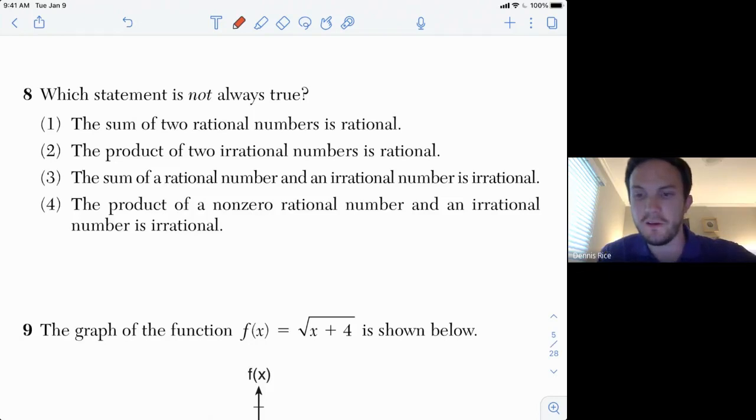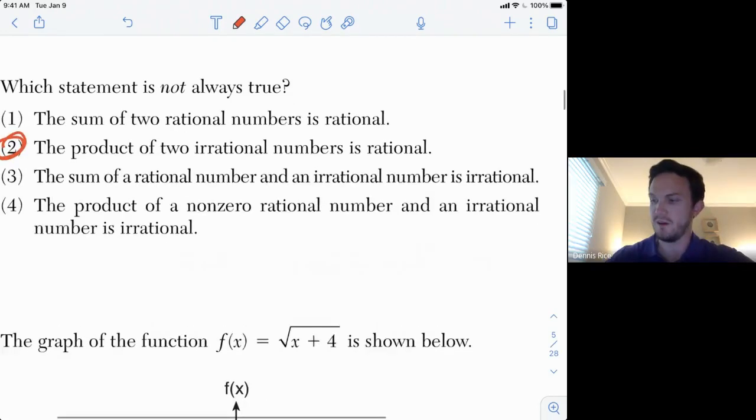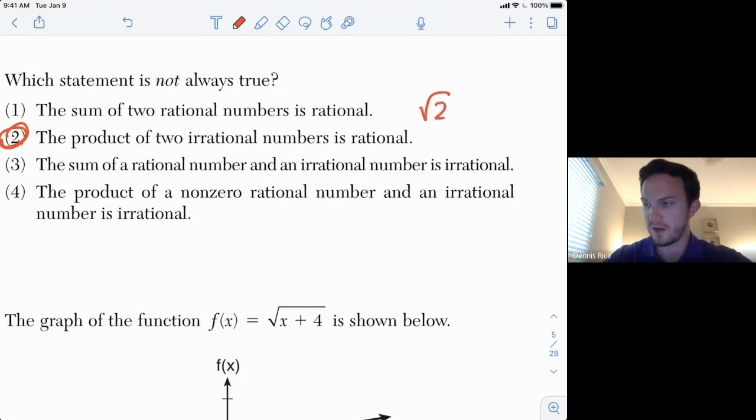All right, what do we think here? Which statement is not always true? The sum of two rational numbers is rational. That's always true. If you add two fractions together, you get another fraction. Choice 2, the product of two irrational numbers is rational. That's like the exception. It's usually the other way. So that's not always true. If you multiply two irrational numbers together, will you always get a rational answer?